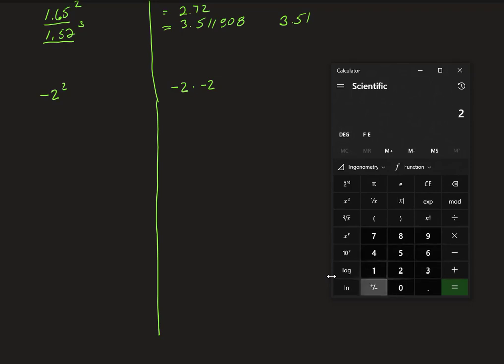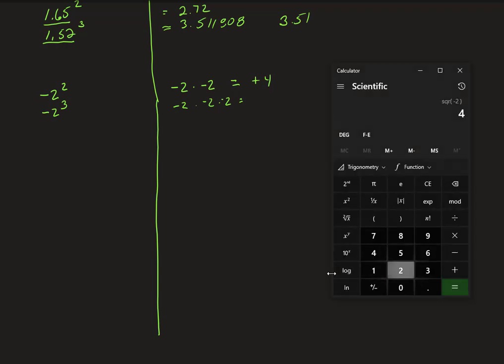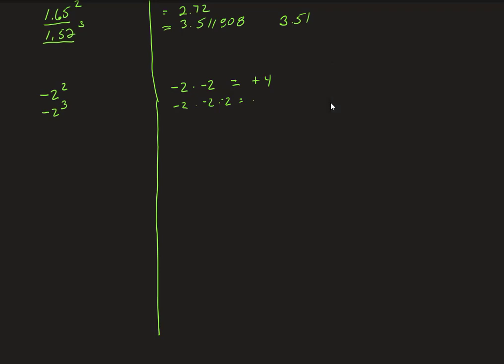So negative 2 squared gives us a positive 4. What if we take negative 2 to the third? So negative 2 to the third is negative 8.